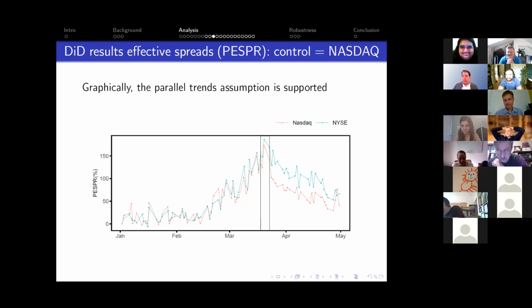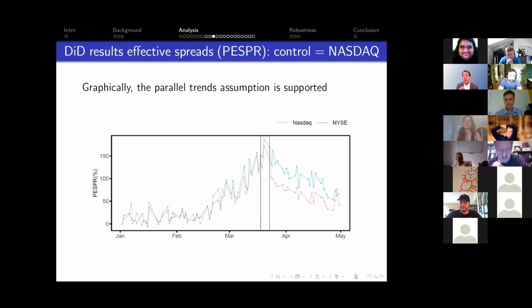That's the stable unit treatment value assumption: that there are no spillover effects between the treatment and control groups. So one of the concerns is, if I suspend floor trading on the NYSE, will liquidity providers on other market centers adjust their algorithms to account for that specific fact?